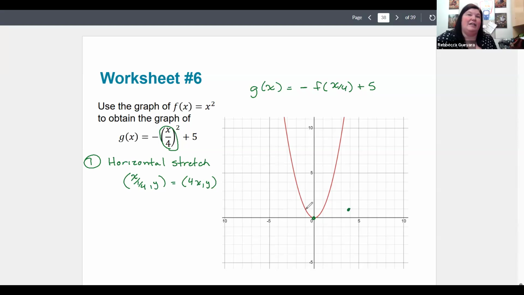Here is at -1. It stretches out to 4, so it stretches out here. This point right here, x is at 2. So if we stretch that out, we're going to stretch out to 8. Here, x is at -2, so this will stretch out to -8. So we're going to see that horizontal stretch.